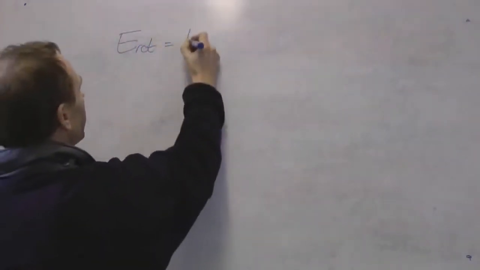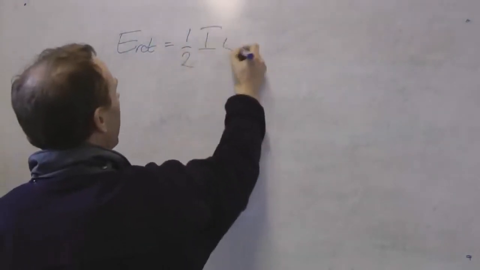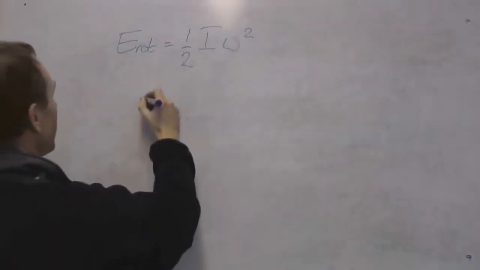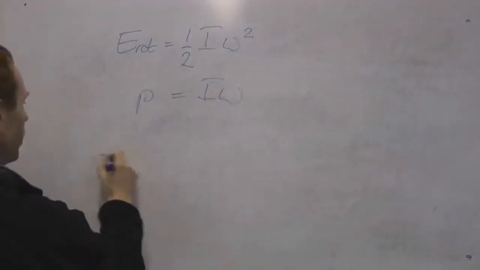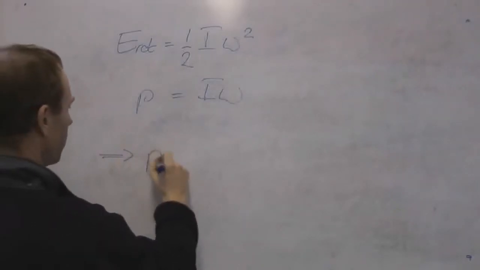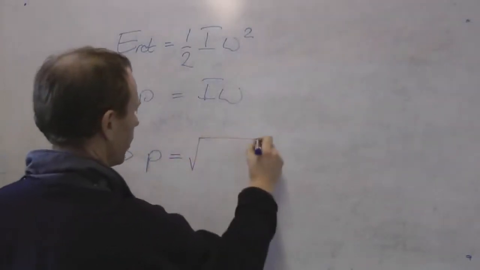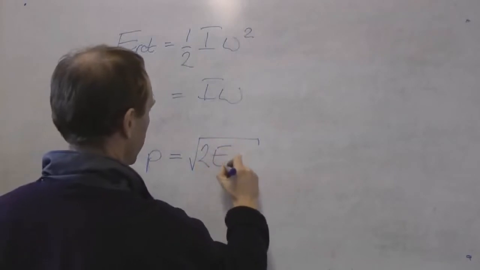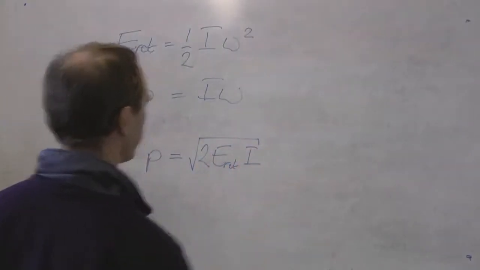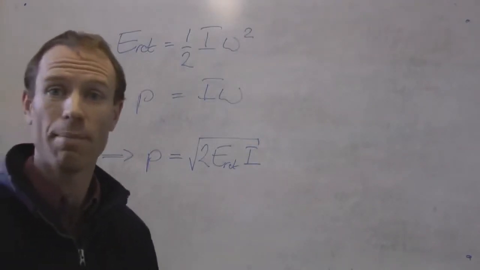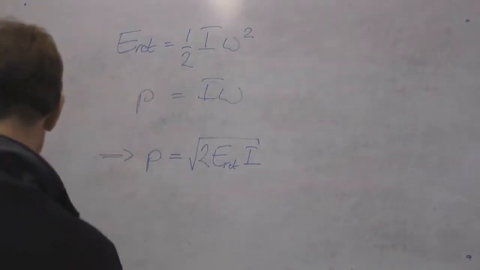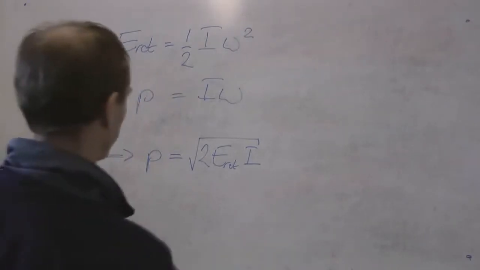So the first was using the expressions for the rotational energy, E rot equals a half I omega squared, and the angular momentum, P equals I omega, and we wanted to show that the angular momentum P equals the square root of 2 E rot times I. So this is just some rearranging of equations, but I'll go through this with you.